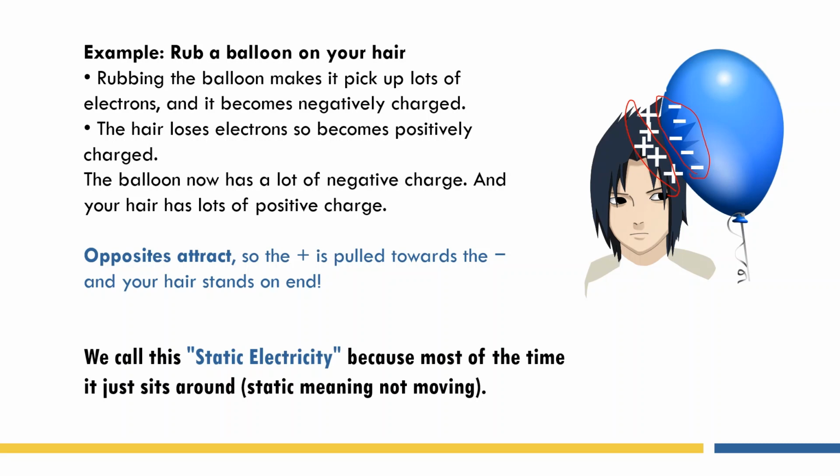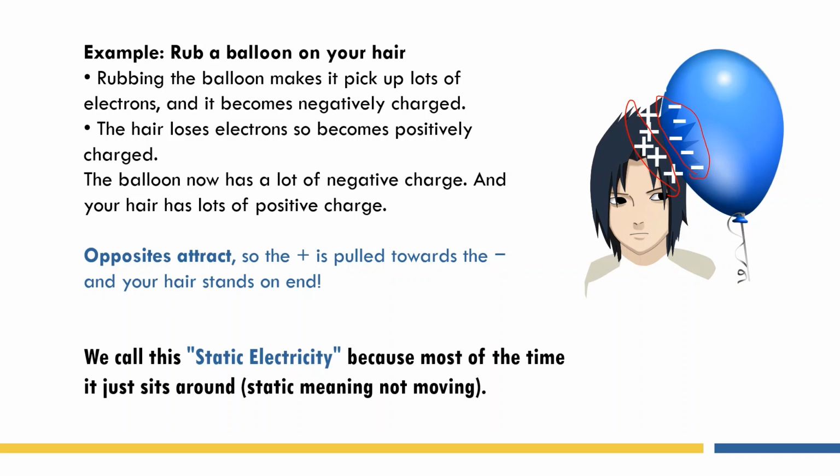Like I told you before, opposites attract, plus and minus like each other, so they want to attract each other. When we have this type of force, we call it static electricity.